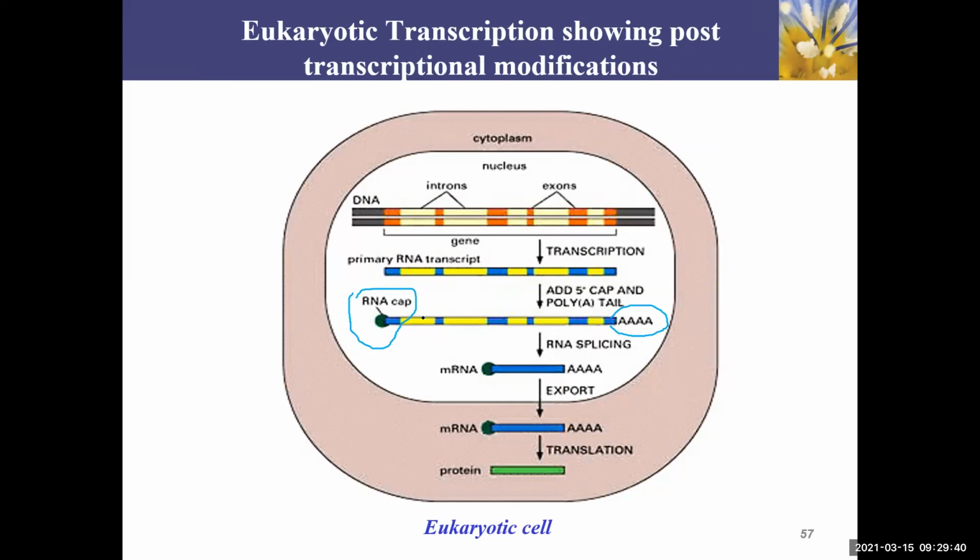That's not the case with the DNA. So mRNA is very, very sensitive. That is why we add the poly A tail, so that we can prevent it from being degraded when it reaches the cytoplasm. And the capping we add so that it can facilitate its transport to the ribosome. But this is something we are going to learn in the next chapter, not in this chapter. I just thought of adding it here.